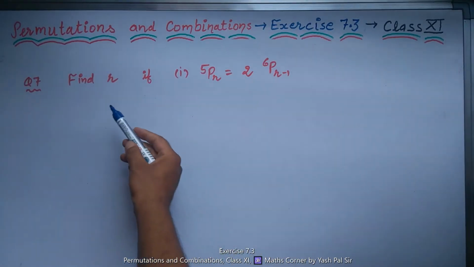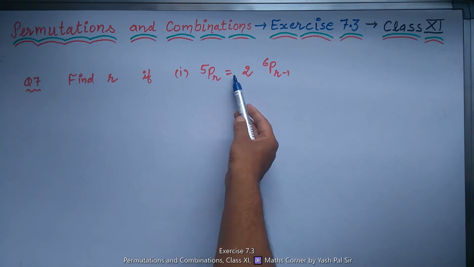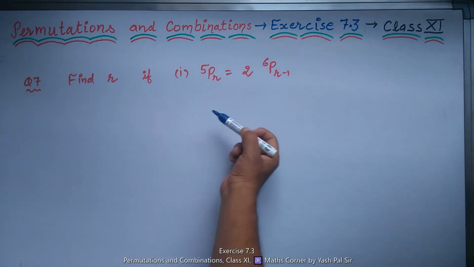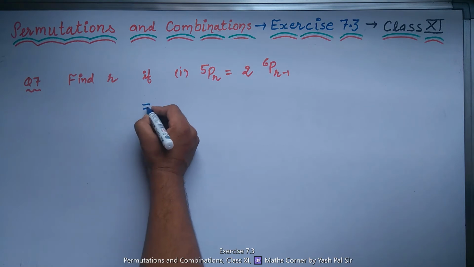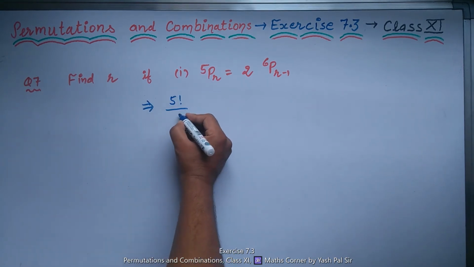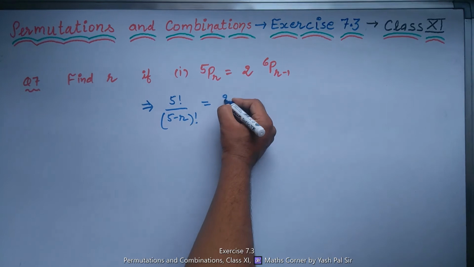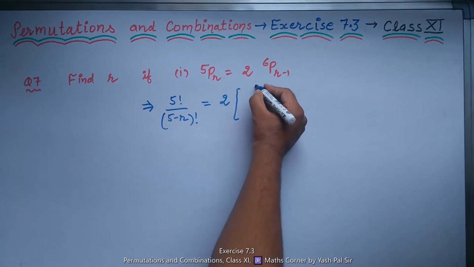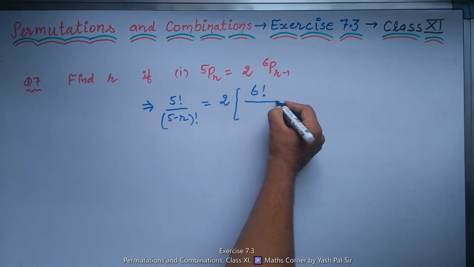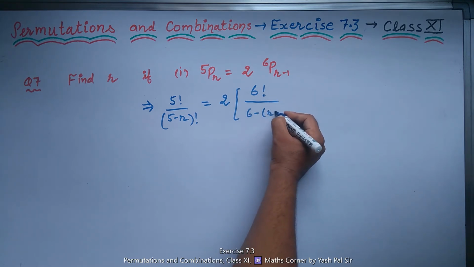Question number 7, first part: find r if 5Pr is equal to 2 times 6P(r minus 1). So this is equal to 5! divided by (5 minus r)!, that is equal to 2 times 6! divided by (6 minus (r minus 1))!.